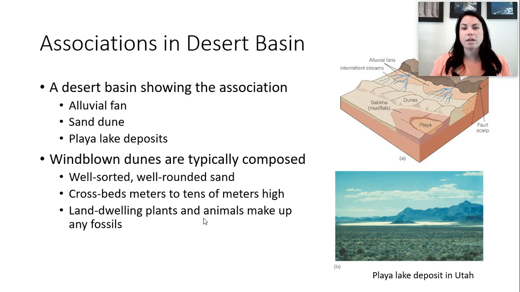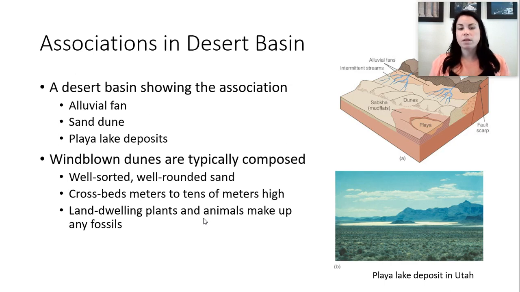Okay, let's talk about deposition in a desert setting. In a desert basin, we have things like alluvial fans, sand dunes, and playa lake deposits. Windblown dunes are typically composed of well-sorted, well-rounded sand. We have cross beds that can measure in the tens of meters high.